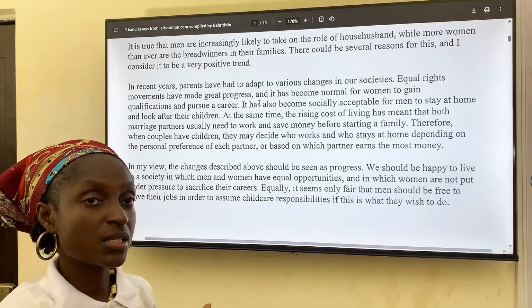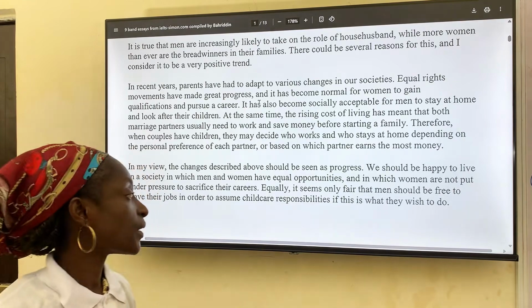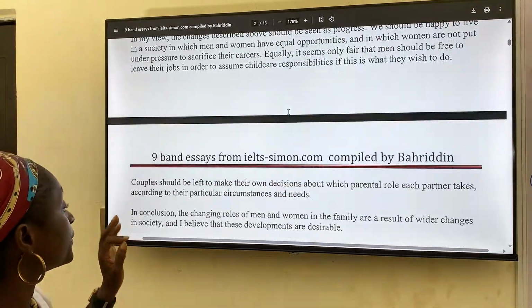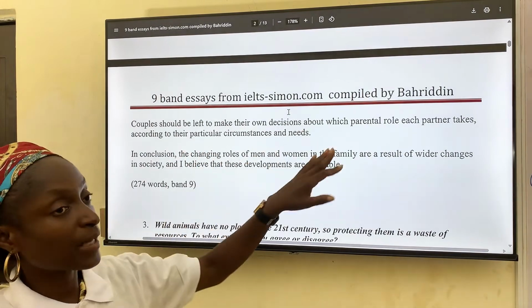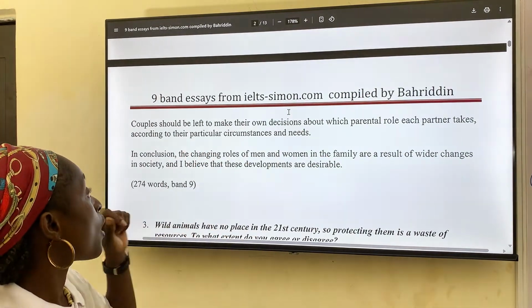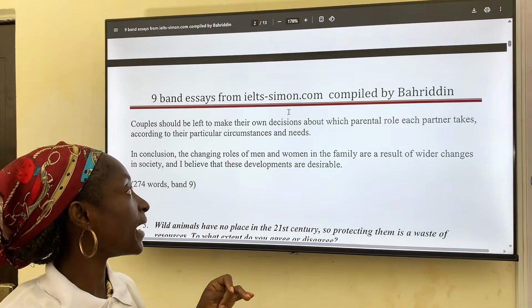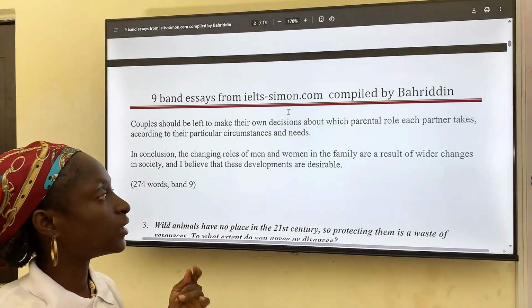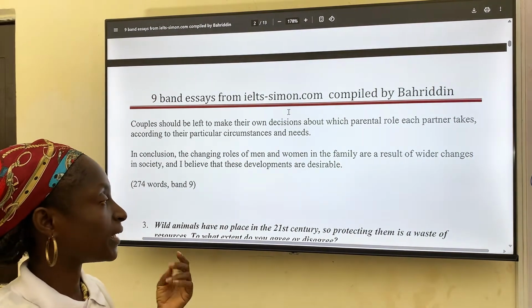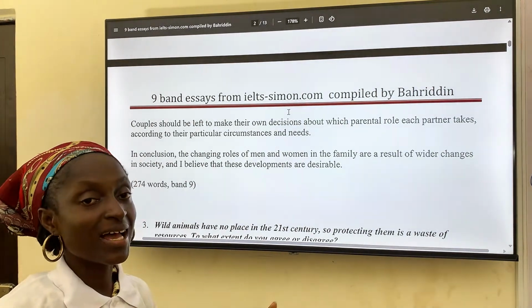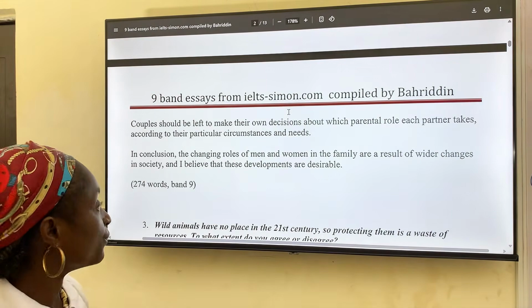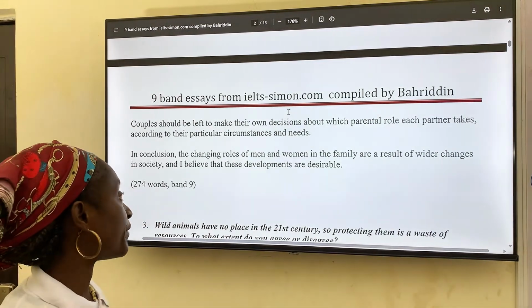So now let's go and see the conclusion. Okay, this is the concluding part of the second paragraph, where we have, couples should be left to make their own decisions about which parental role each partner takes according to their particular circumstances and needs, which is true. Then the conclusion finally.